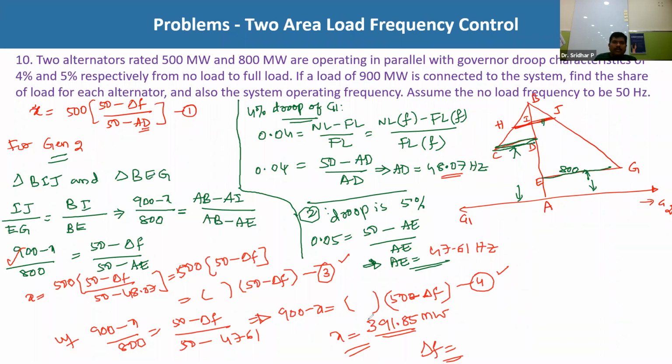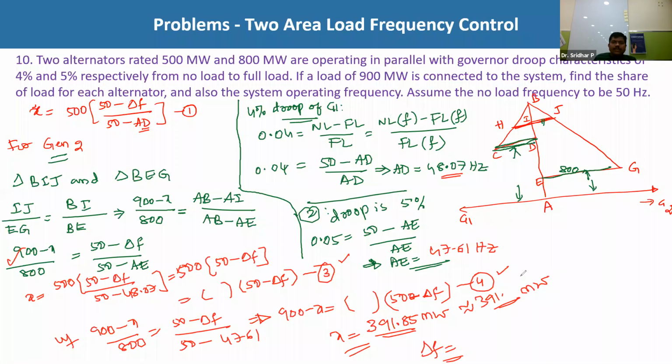Okay, no problem. If anybody got 391.85 megawatt, or 391.52, okay Abhi, right, so close to 391.85. So okay, 391 point something megawatt.